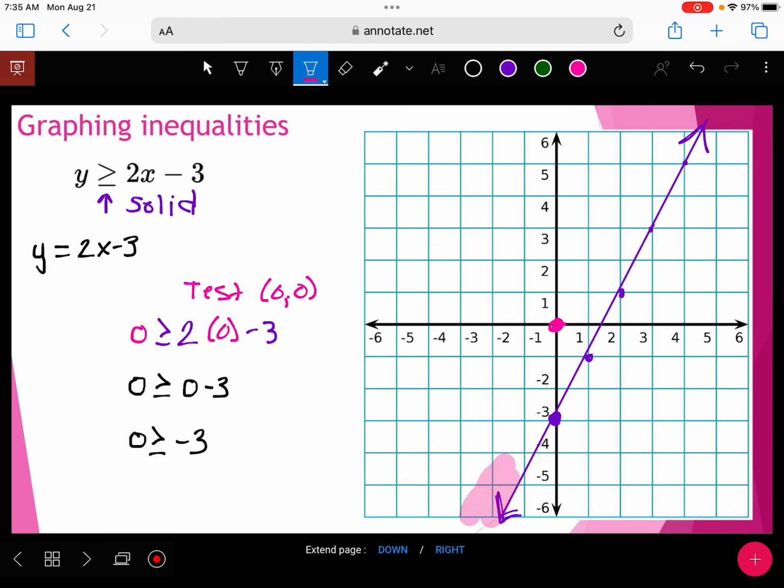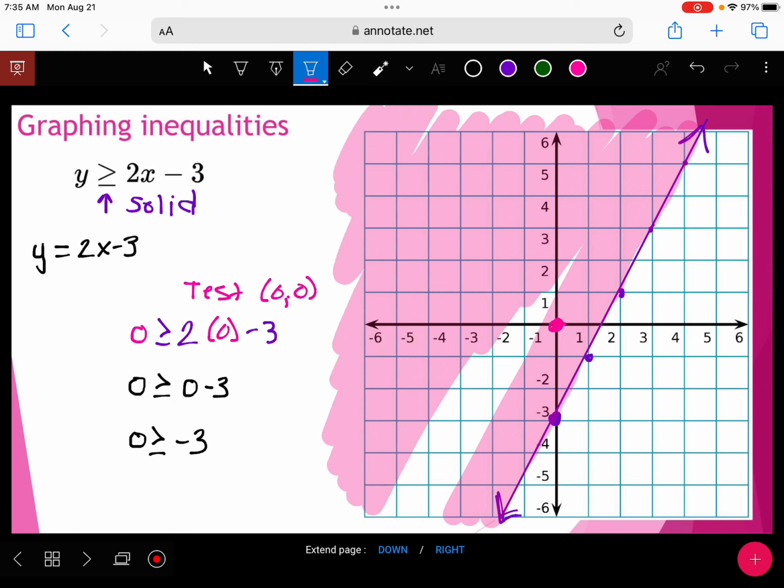So what we're going to do is we're going to shade in with our pencil or with a highlighter. I don't care. We are going to take the truth and color it bright, bold, and beautiful. I make the truth so pretty. We color the truth. Or use a highlighter.